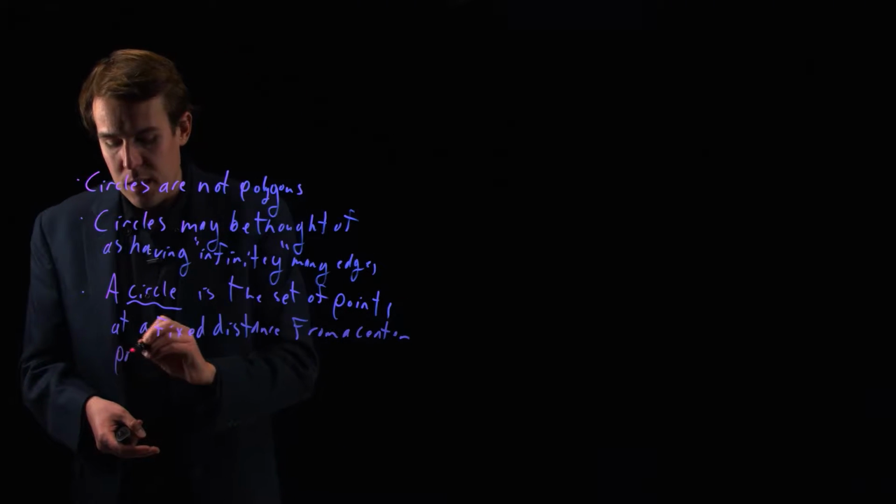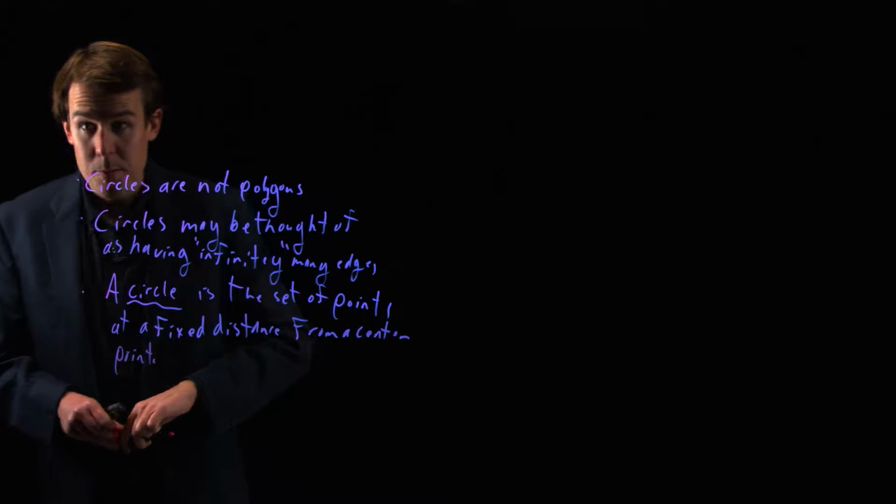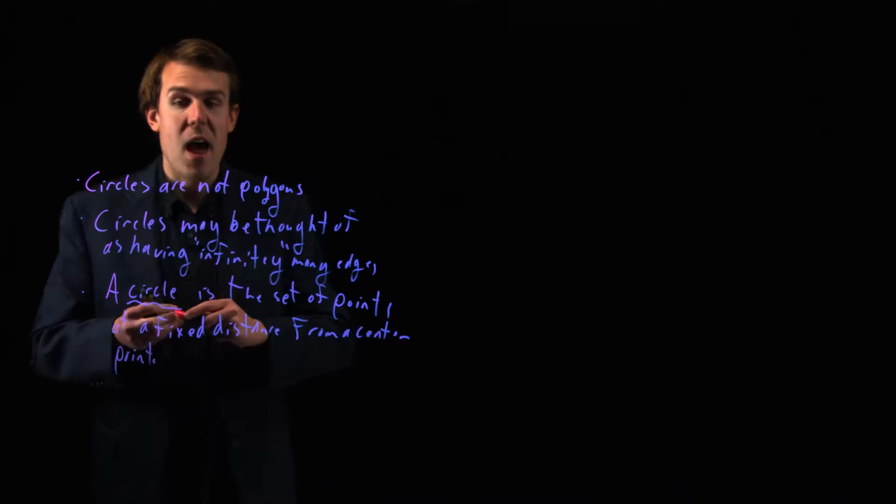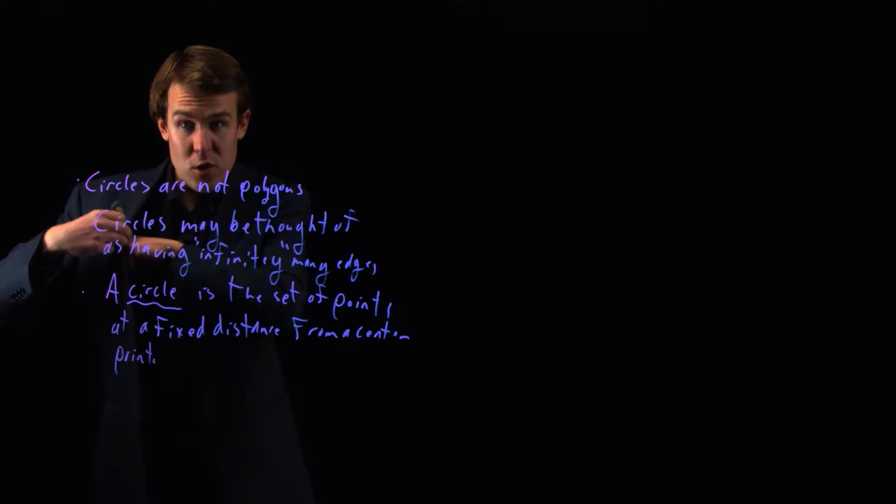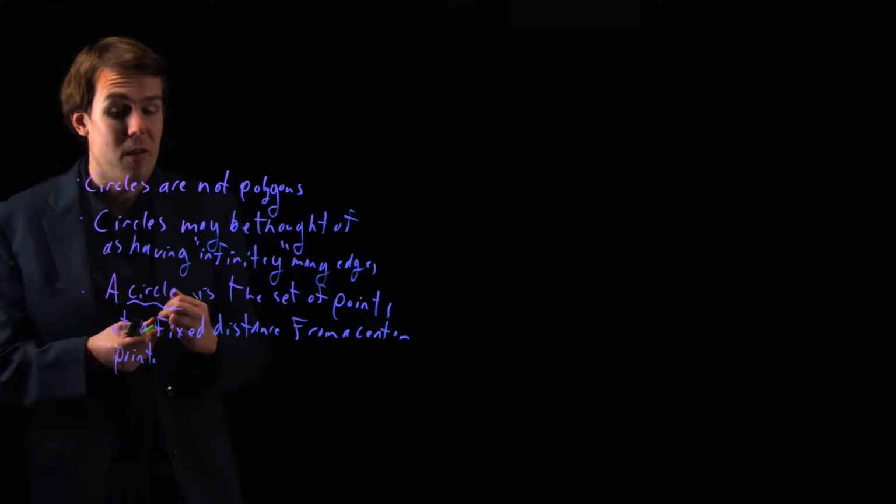So the center point is typically called, well, a center. But this distance that all the points are from the center, it gets a special name. It's called a radius.